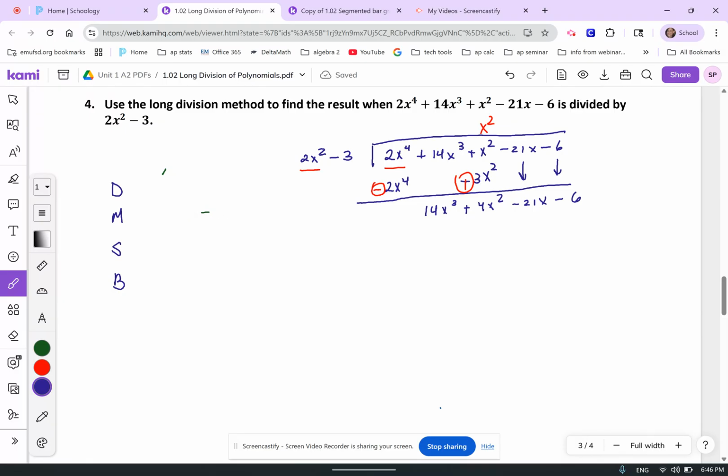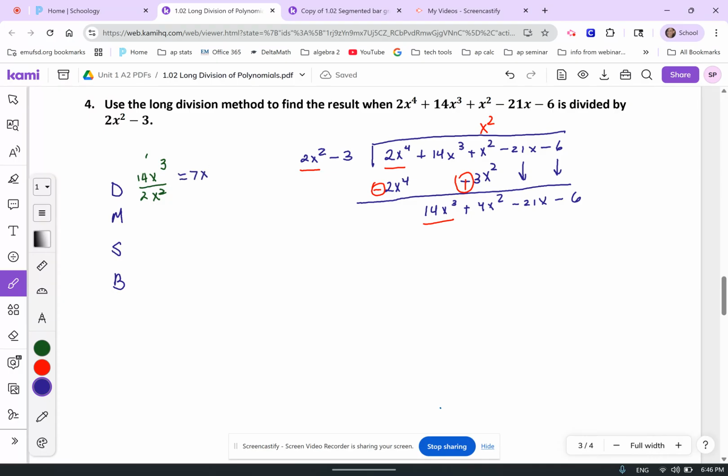We're going to underline the first term here, and we're going to say, how many times does 2x squared go into 14x cubed? Let me write that a little more clearly. 14 divided by 2 is 7. X cubed divided by x squared is x.